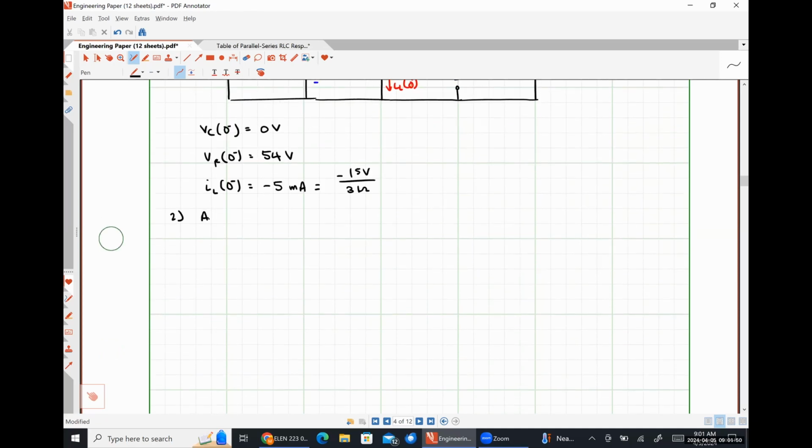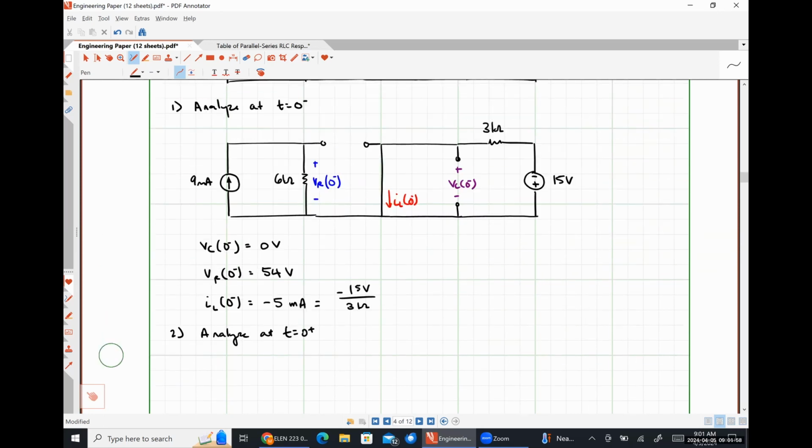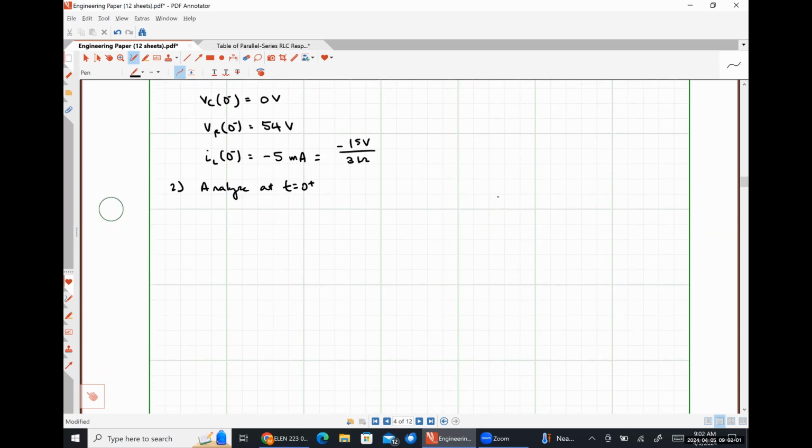Step 2 will be to analyze the circuit at t is equal to 0 plus. At t is equal to 0 plus, our switch is closed. So here's our 9 milliamp source. Our 6 kilo ohm resistor. Here's our inductor. We're going to do the exact same thing that we did in circuits 1. We're going to replace our inductor with a current source at t is equal to 0 plus.